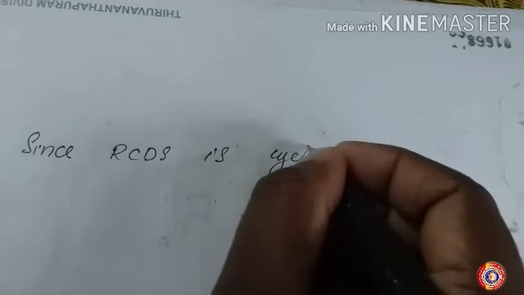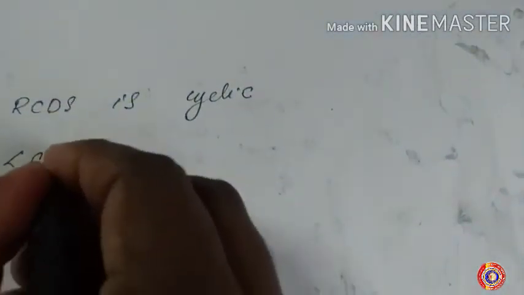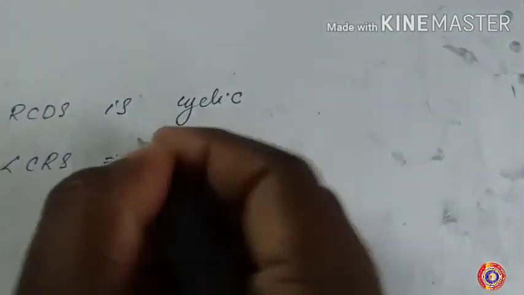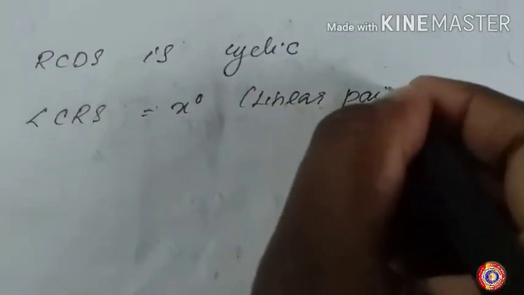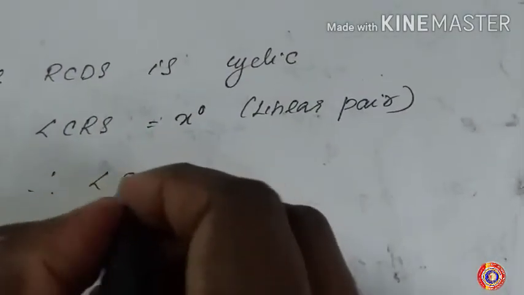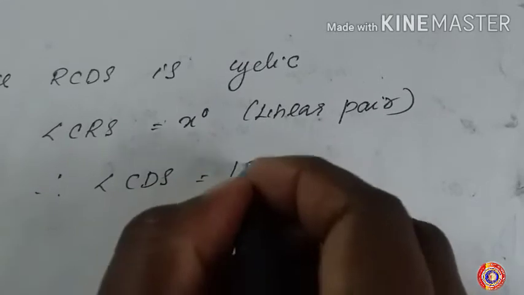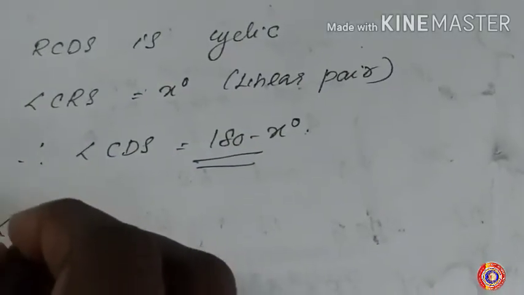Since RCDS is cyclic, angle CRS is equal to x degree because it forms a linear pair there. Therefore, angle CDS is equal to 180 minus x degree.